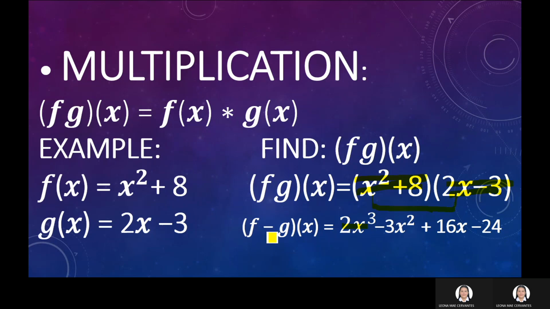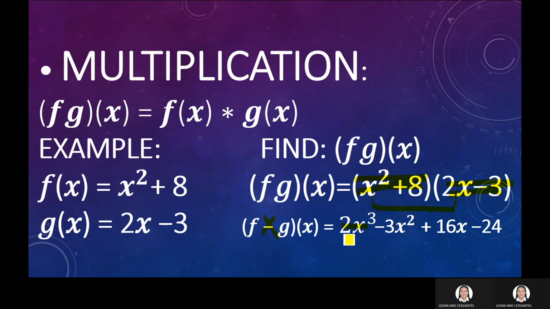So we have f times g of x is equal to 2x cubed minus 3x squared plus 16x minus 24.